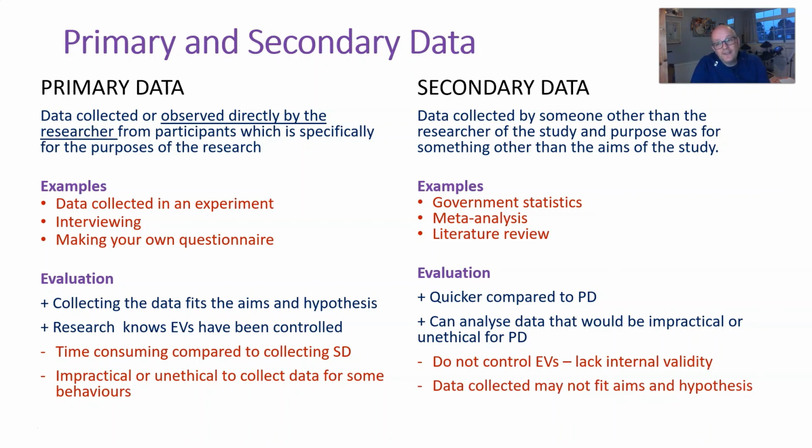If you notice for this, the strengths of primary data are the weaknesses of secondary data, and the weaknesses of secondary data are the strengths of primary data. I think I said that right. Yeah, so really what you have to do is just remember 4 evaluation points and you've got them all. Okay, so quite straightforward. In the exam, very rarely do they ask questions on it, but they might.